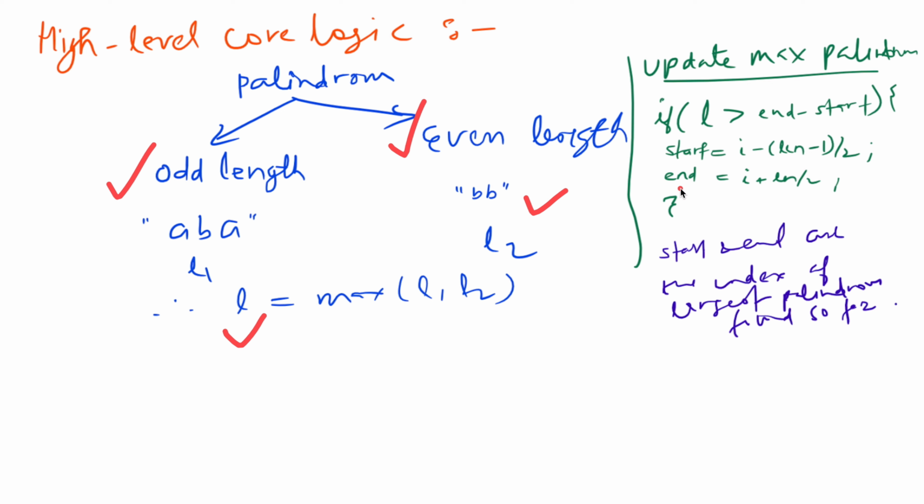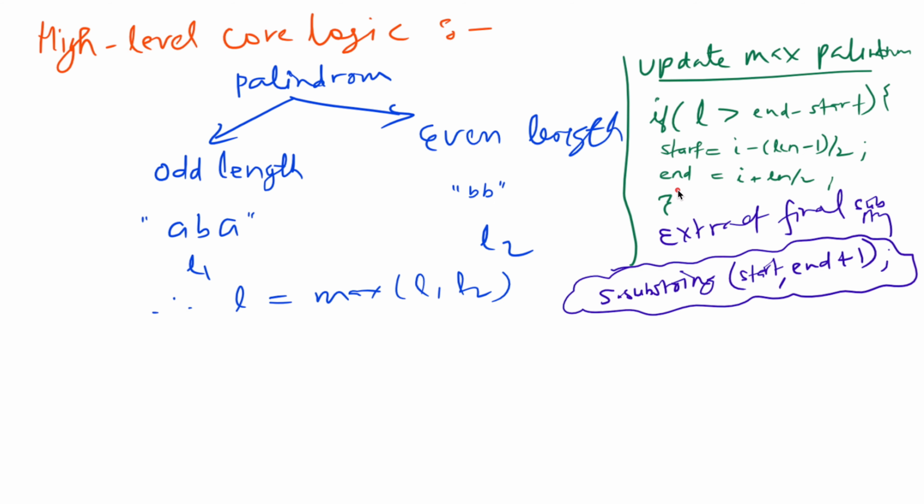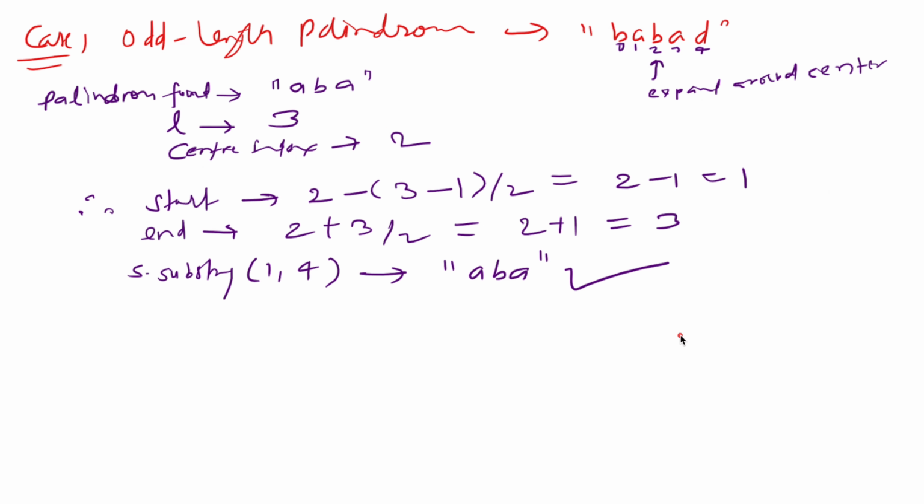We have to find the start and end index of the largest palindrome found so far, correct? And we can get the start and end like this. And after that, once you find the left and right, you just take the substring from start to end plus 1, and you find the final substring to return as the palindrome, right?